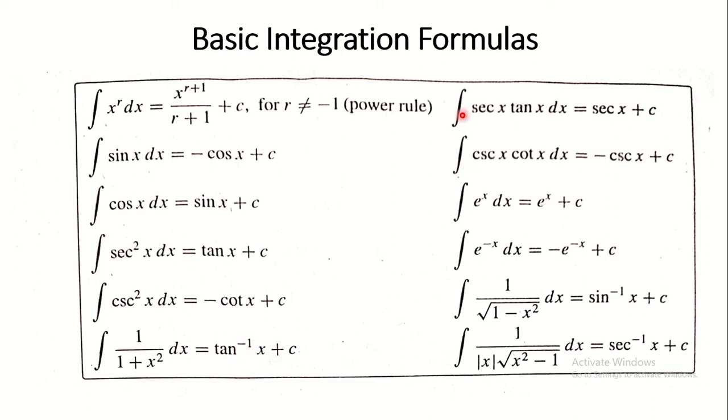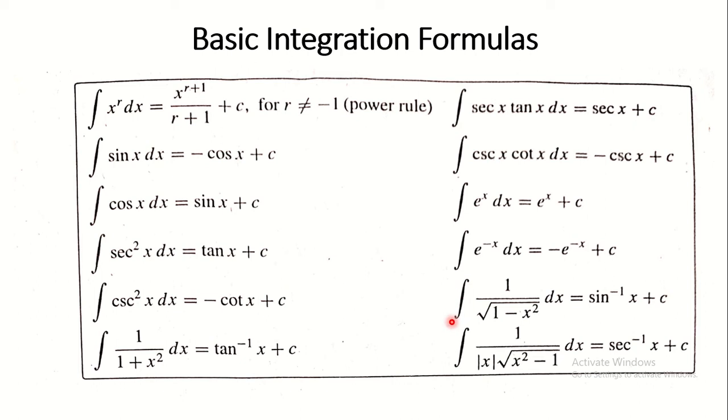Next, the indefinite integral of secant x tangent x with respect to x is equal to secant x plus c. The indefinite integral of cosecant x cotangent x with respect to x is equal to negative cosecant x plus c. The indefinite integral of e raised to x with respect to x is equal to e raised to x plus c. The indefinite integral of e raised to negative x with respect to x is equal to negative e raised to negative x plus c.